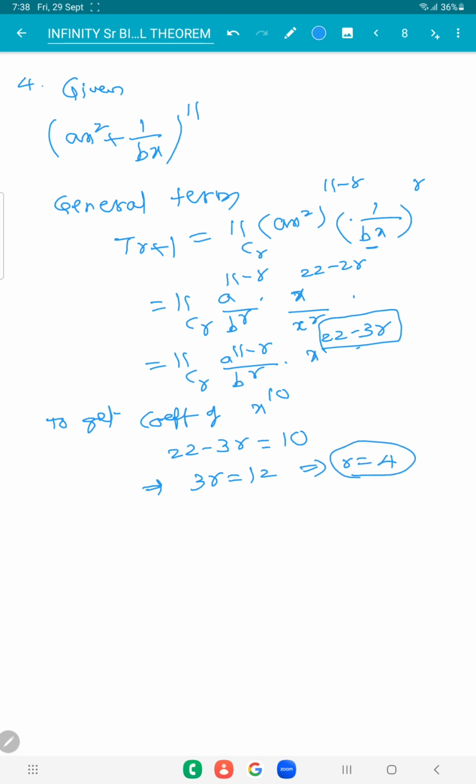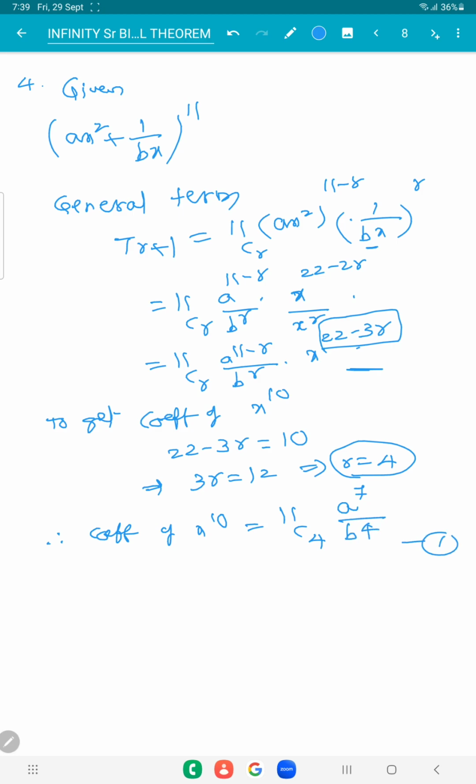Now what is the coefficient of x power 10 in the expansion? Substitute in this: 11C4 a power 11 minus 4, that is 7, b power 4. Let it be 1.